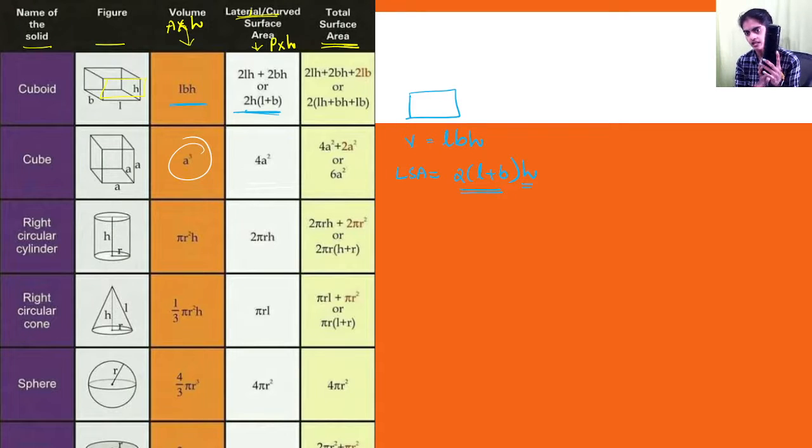There is some height to the cylinder, and if I see only the top portion or only the bottom portion, what is the shape? Top and bottom are circles, and between these 2 circles you have a height.